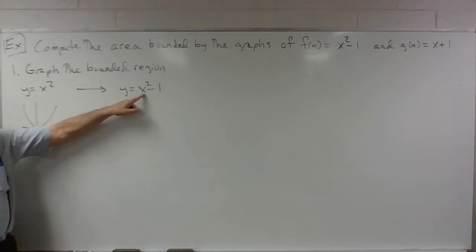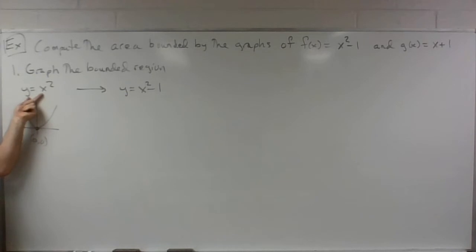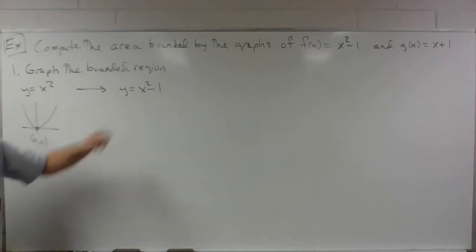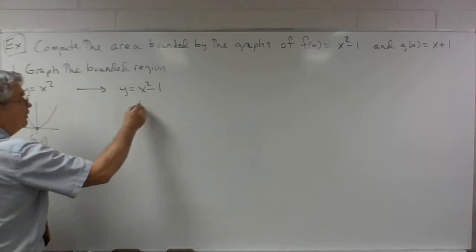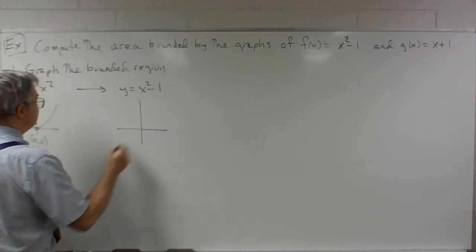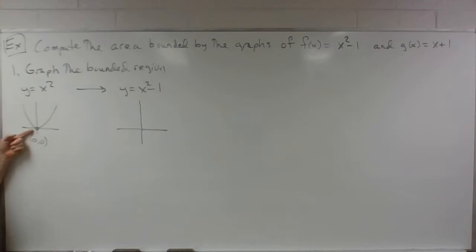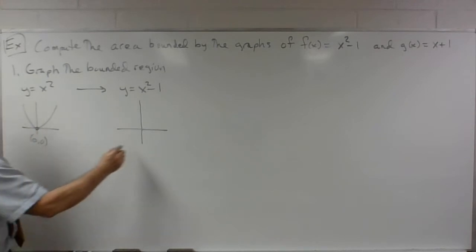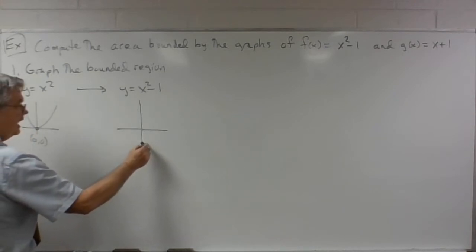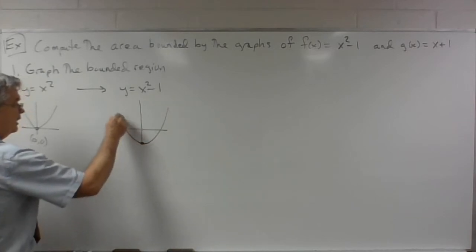To get this graph, don't we just take the y coordinate x squared of every point on this graph and just subtract 1 from it? So the effect that has is that we take the graph of y equals x squared and we just move it down 1 unit.